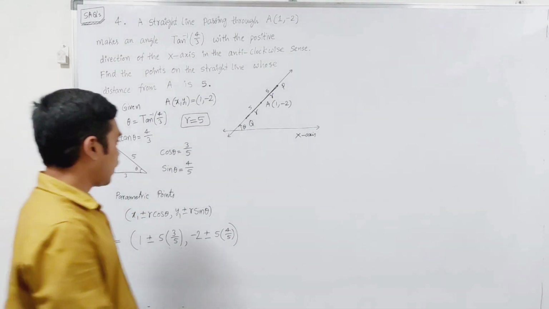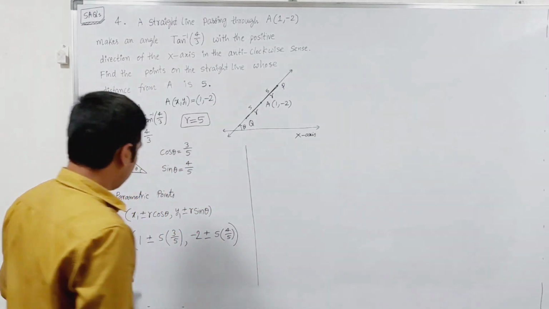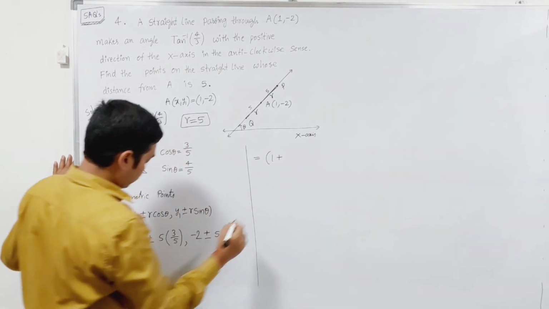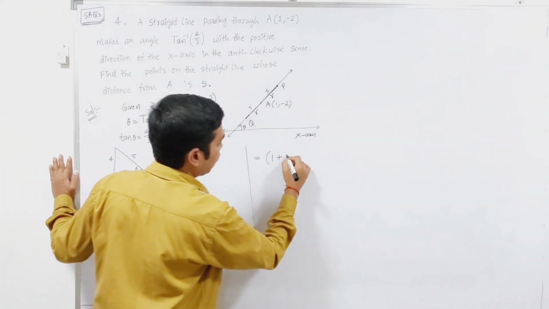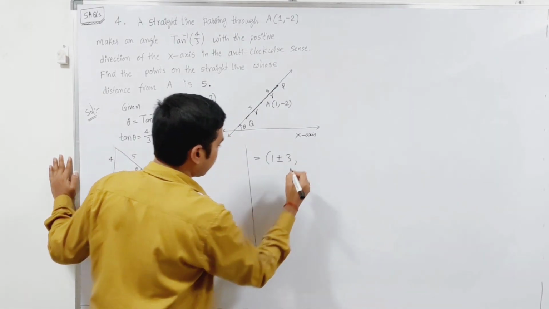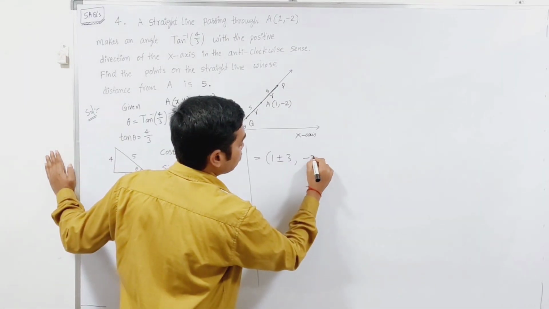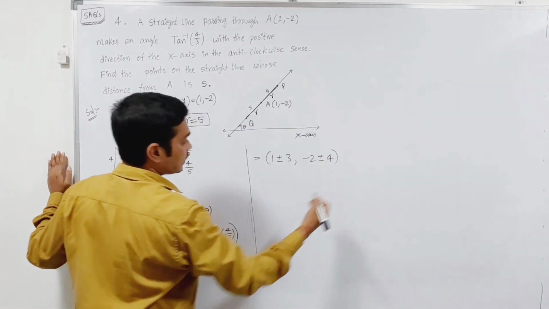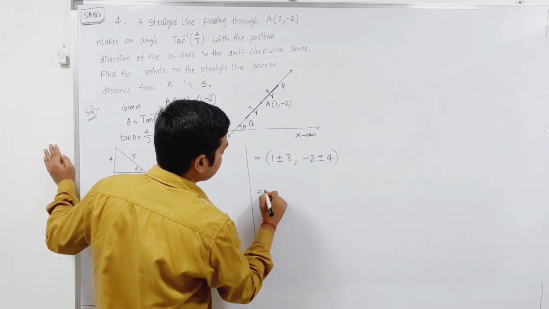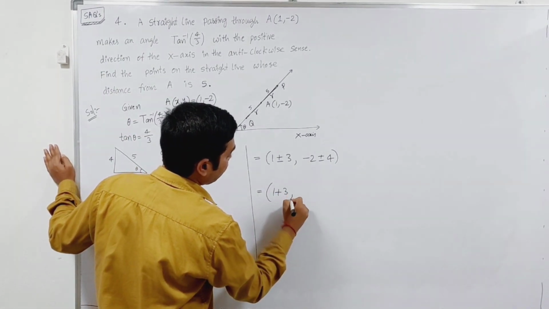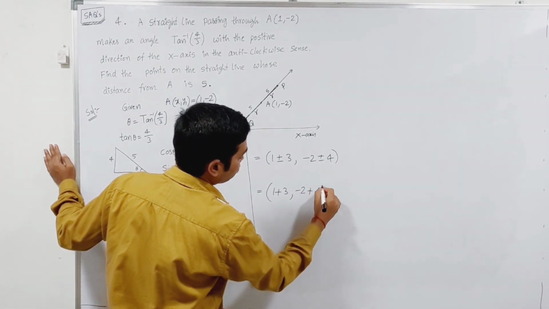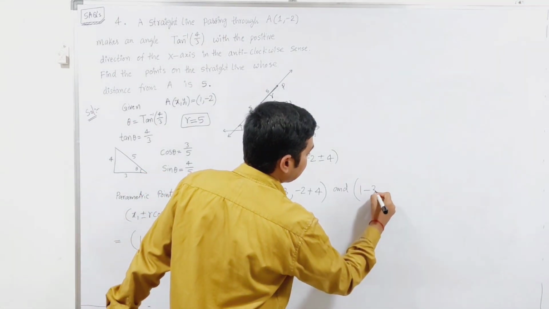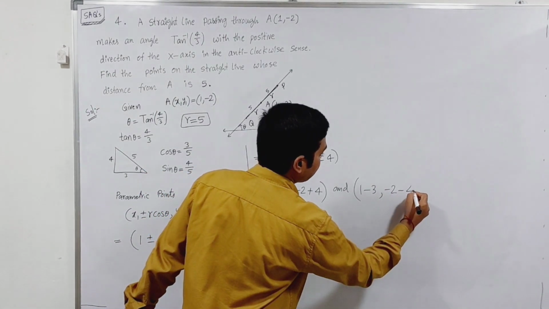Now apply the plus case and minus case: 1 plus or minus 3, comma minus 2 plus or minus 4. Take the plus case first: 1 plus 3, comma minus 2 plus 4. And the minus case: 1 minus 3, comma minus 2 minus 4.